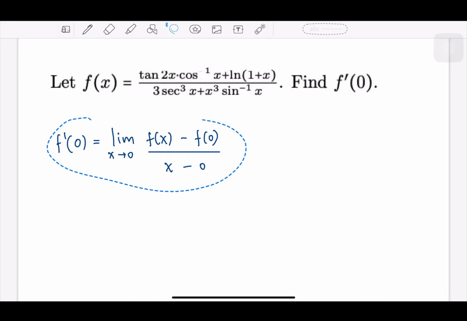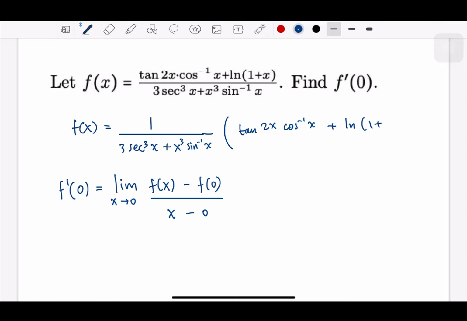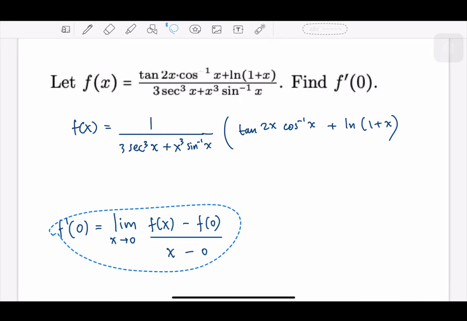Let's try to take the f of x in terms of, so that I can have a more clear view. Let me separate this.